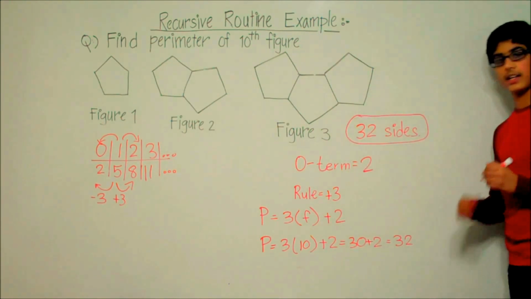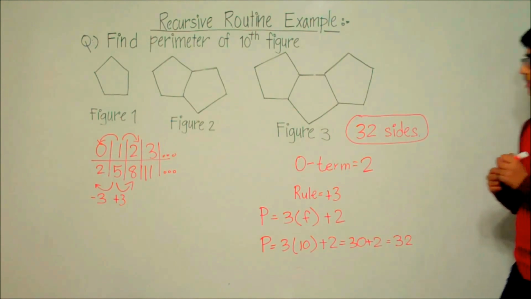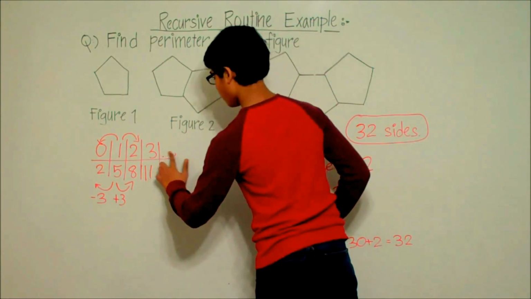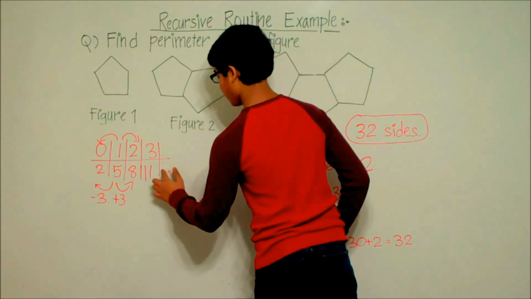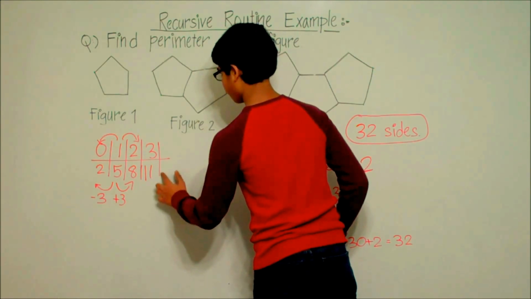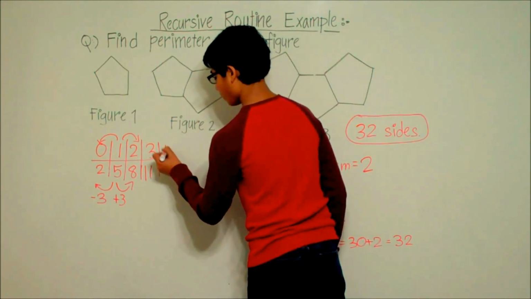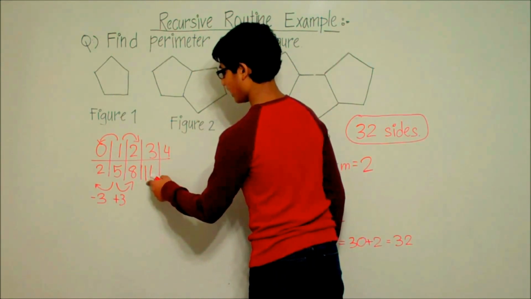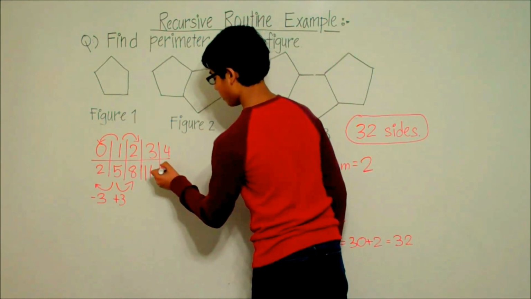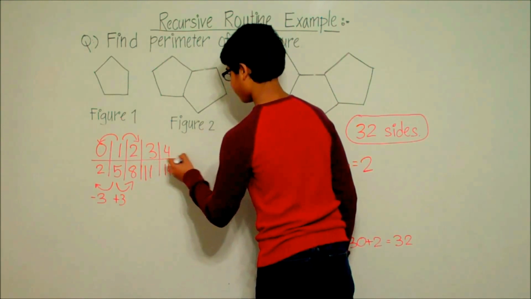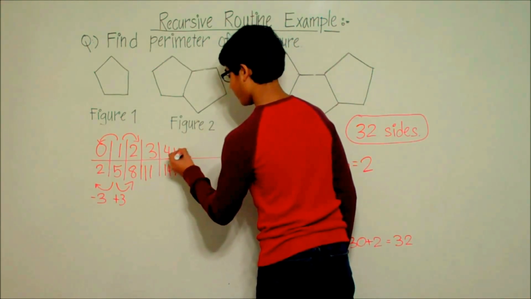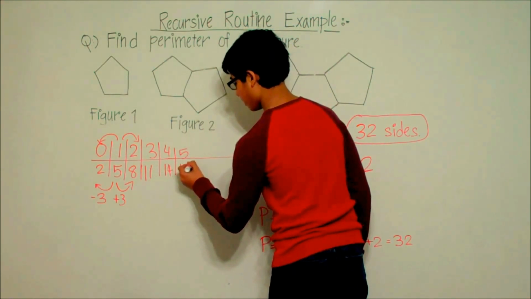Now let's check if we are correct. Let's continue this recursive sequence until we get to the 10th term, or the 10th figure. The fourth one will consist of 11 plus 3, which is 14 sides. The fifth will have 17.